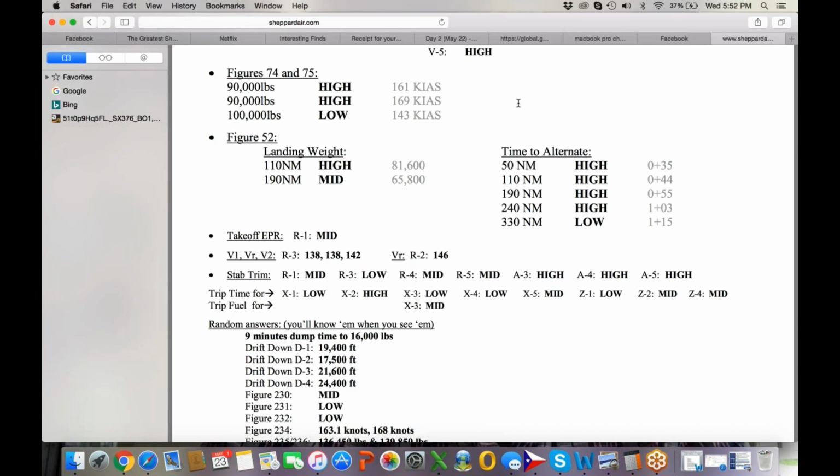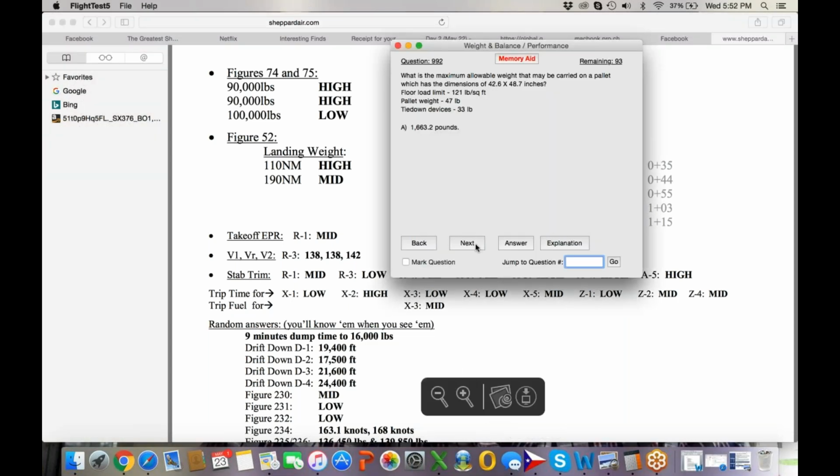So Tyrell, can you pull up your Shepherd Air program? Okay. Is there a certain section you want me to go to? No, this is fine.